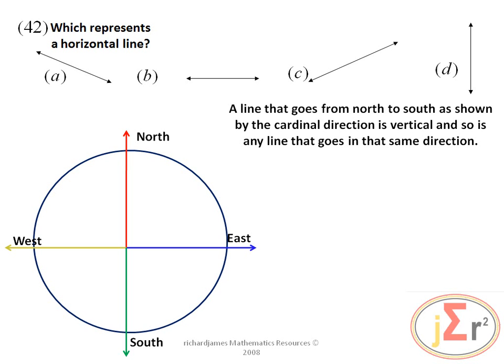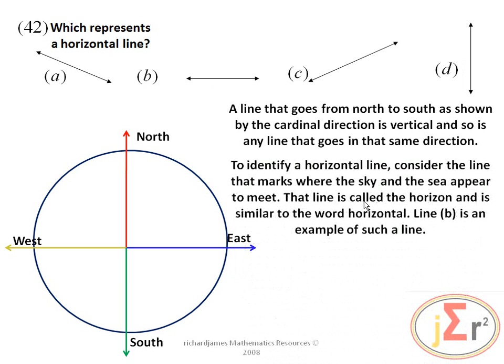A line that goes from north to south, as shown by the cardinal directions, is vertical, and so is any line that goes in that same direction. So from north to south like that, if a line on our diagram is going in this direction, then it is vertical, like this one, D.